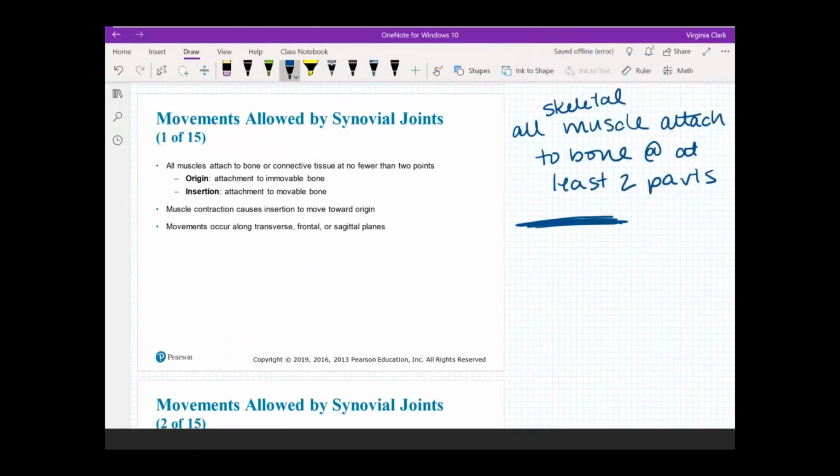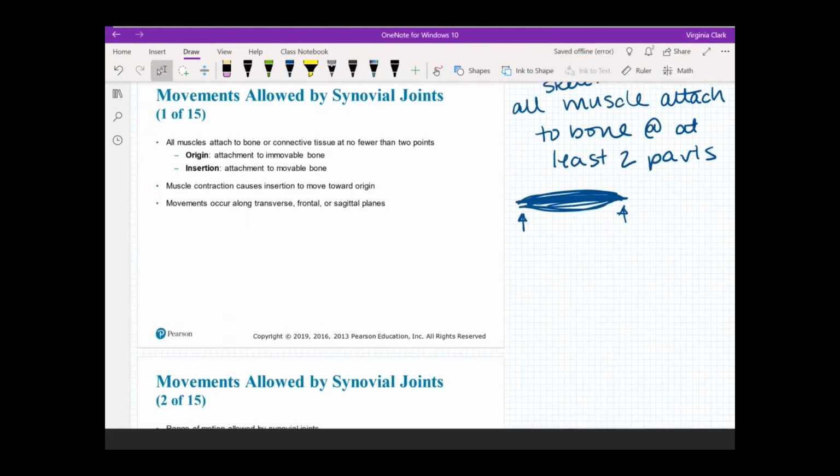If this is my skeletal muscle, there is always going to be one place and a second place. Both of these will have to attach to a bone at some point. These 2 places where the skeletal muscle will attach will have 2 different names. An origin, when you have one of these attachments called the origin, it's going to be the immobile bone. The insertion is going to be the movable bone.